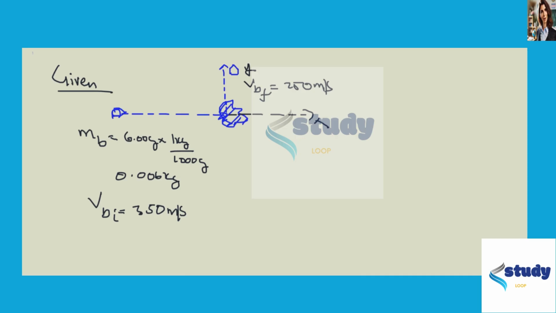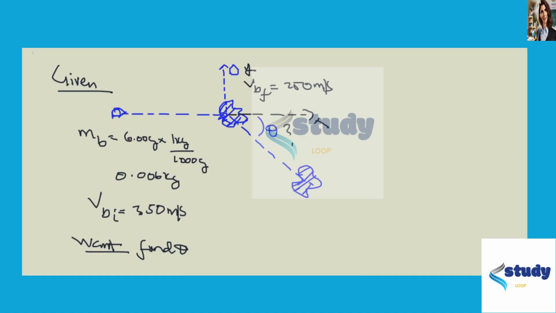Now we can talk about the stone. When the bullet strikes, the stone moves at a specific angle, theta. We need to find what theta is. And then the other thing that happens is that the stone is now moving with a certain final velocity.